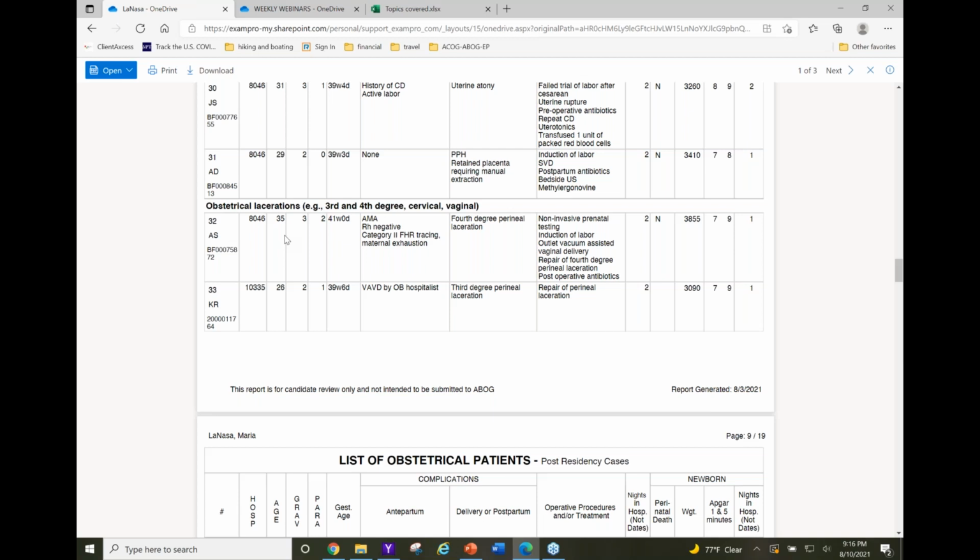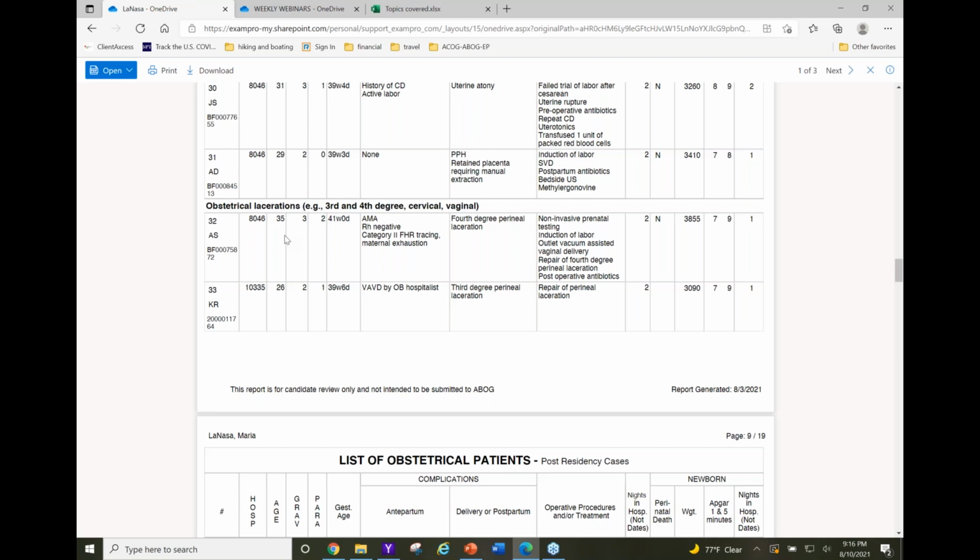The degree of the sphincter involvement. Well, the sphincter involvement. Okay, so this is something I definitely want you to look at, because when you talk about a 4th degree, it tells me that the rectal mucosa has been breached. Okay, so the first step would be to reapproximate the rectal mucosa. Okay, so definitely look at this, because if they're going to ask you about one, they're going to ask you about this one, the 4th degree.